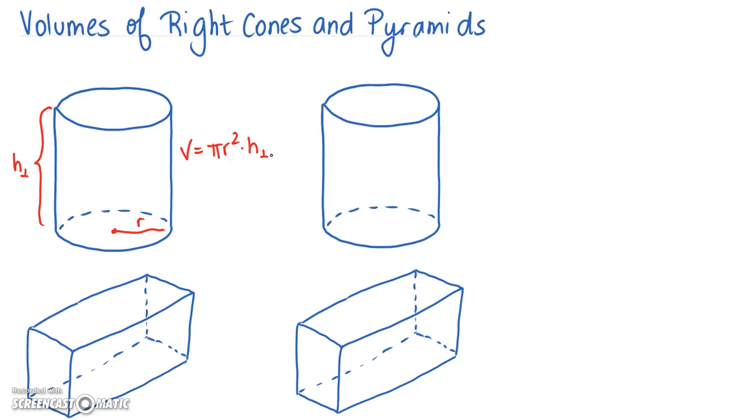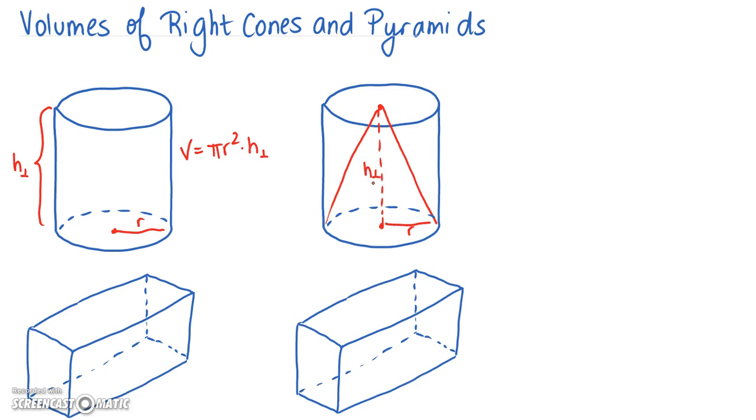So we know that as a fact. Now for a cone, ultimately, if we have a cone, we can have the exact same base and have it sit directly inside of a cylinder. It's going to have exactly the same radius, and it's going to have the same perpendicular height.